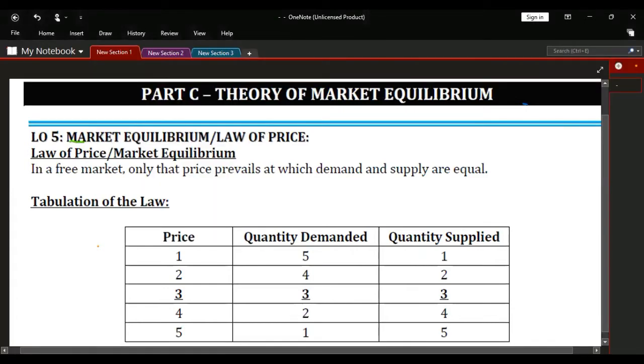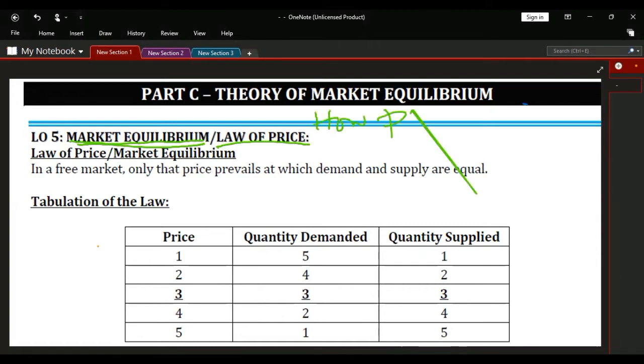Today we are present in our next economics class in which we are going to study what is market equilibrium, also known as law of price, in which we are going to firstly discuss how prices are settled or fixed in a market.